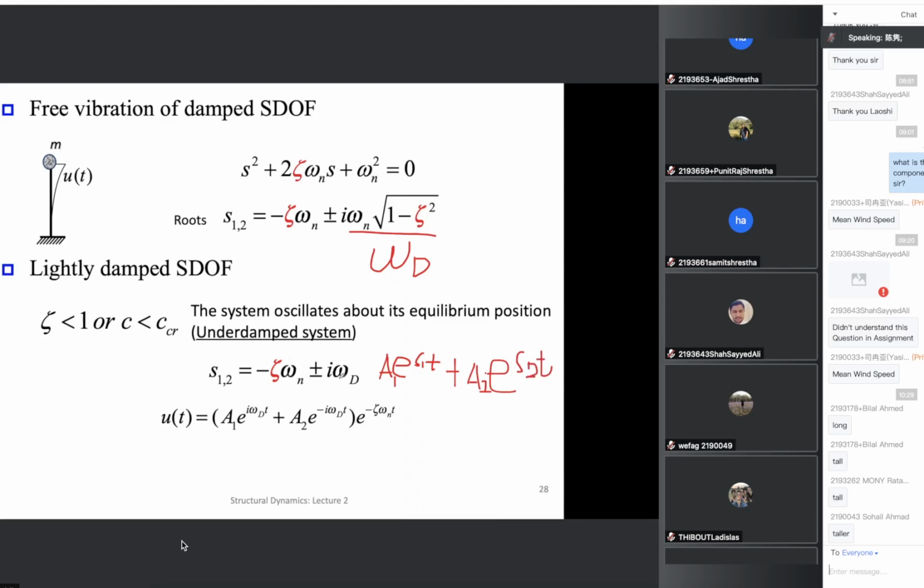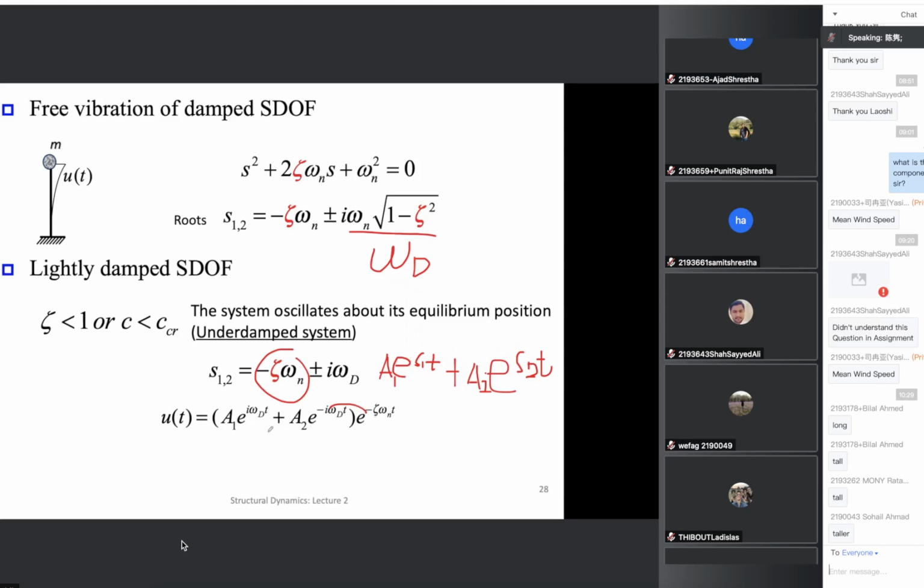Then s1 is like this because of the properties of the exponential function, so you can take this part out. Then finally you rearrange this equation. It's like this, with A1 sine and A2 sine.